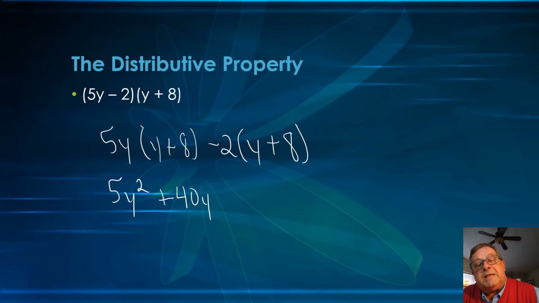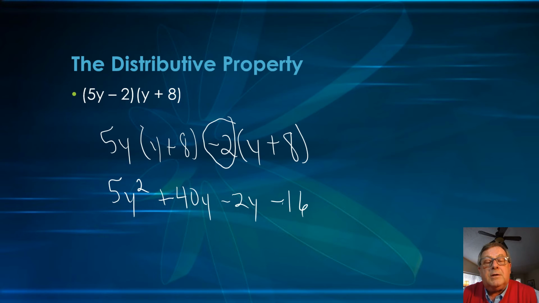Now, don't look at this as minus 2 like a subtraction. Think of this as negative 2, like an integer. Now we're going to multiply negative 2 times y, negative 2y. And then negative 2 times positive 8 is negative 16. We want to combine like terms.